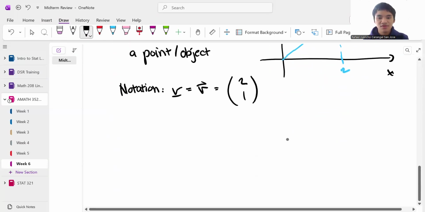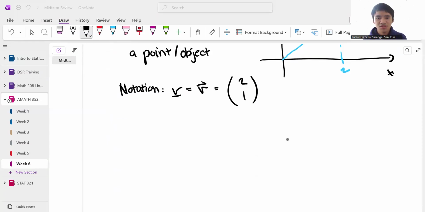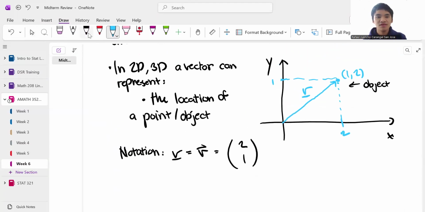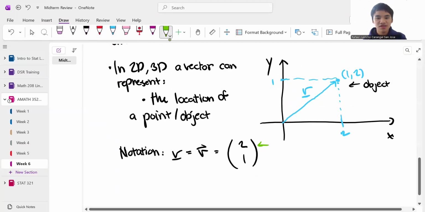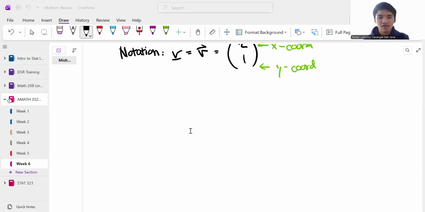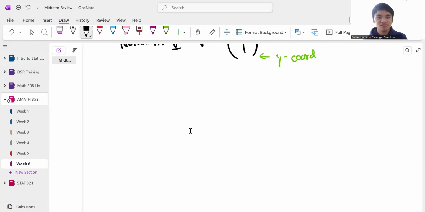Okay. So say we have, so that's our vector. So going back to the example, 2, 1 is our vector where 2 is the x coordinate and 1 is the y coordinate. Okay, easy enough. Now let's go to 3D.